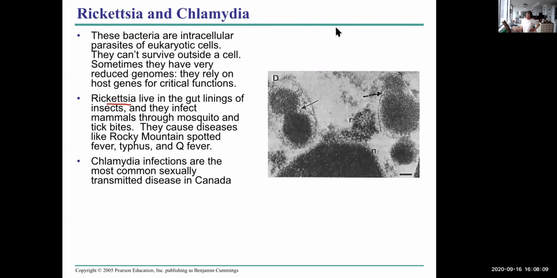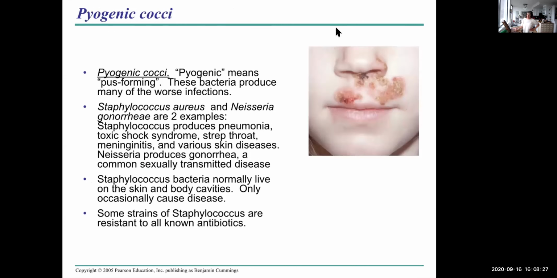Rickettsia live in the lining of insects, and they infect mammals through mosquitoes, so there's often a carrier of the bacteria. Some bacteria are intracellular parasites of eukaryotic cells; they can't survive outside of a cell. Some other infections, like Staphylococcus aureus and Neisseria gonorrhoeae, are two examples.